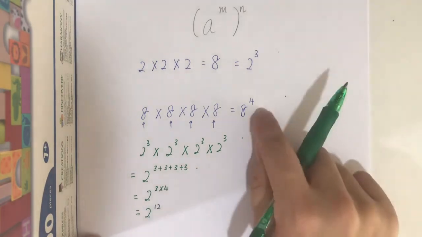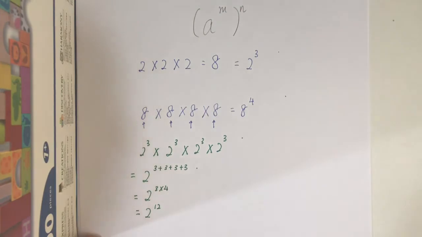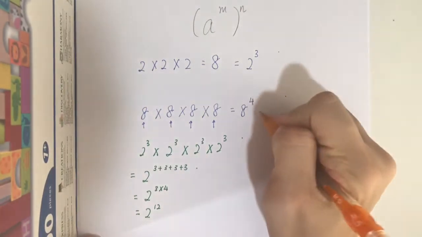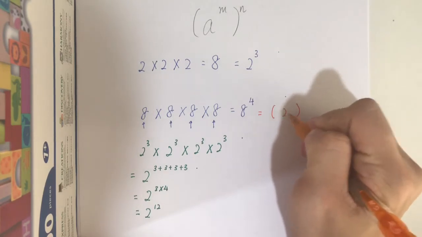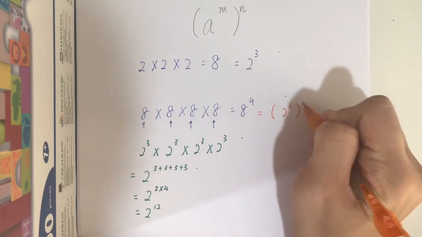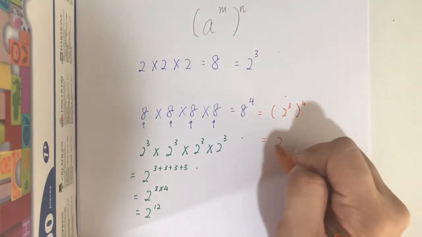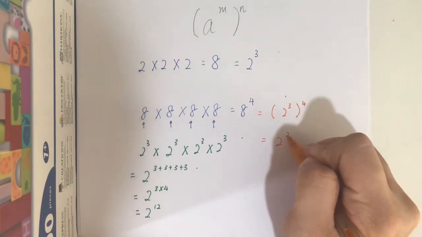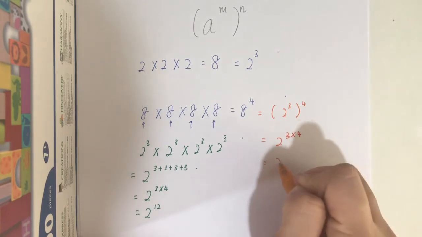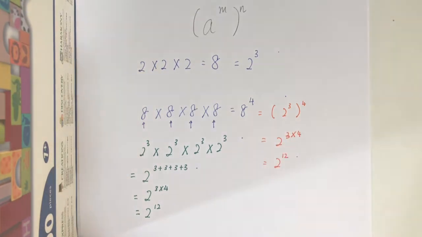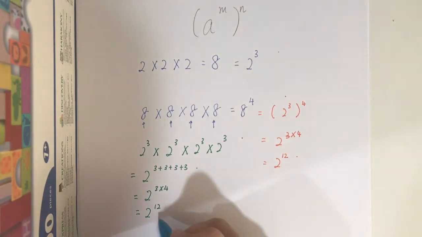So if I apply the rule here, it means that 8 is actually 2 cubed, and it will give me 2 to the power of 3 times 4, which is 2 to the power of 12. Okay, so can you see how this relates?